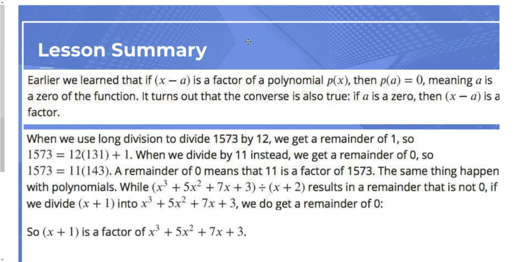Okay. So that's really what this whole lesson is about. It's just understanding that fact, whether or not you have a factor. And again, it's really simply a case of this process being used to circumvent long division, so that you don't have to spend forever applying long division when all we care about is whether the remainder exists or not.